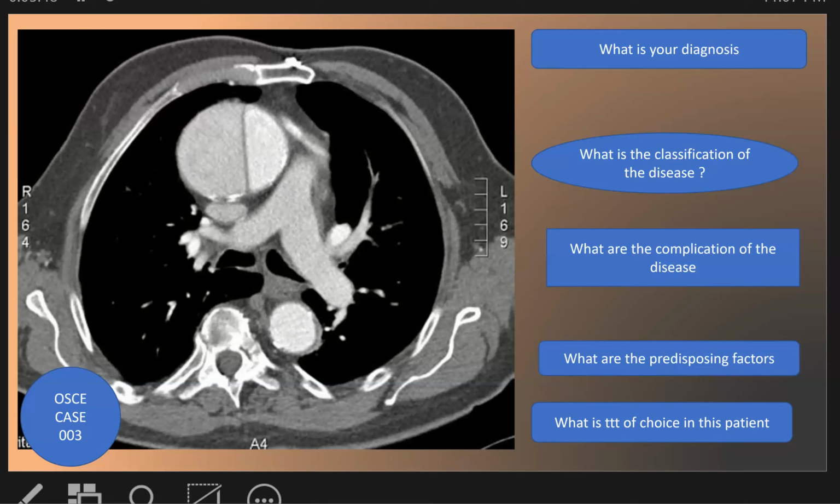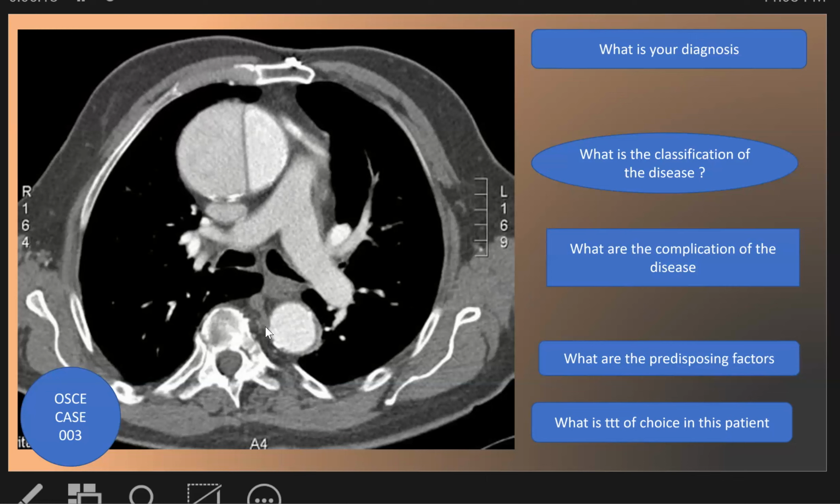So in this patient, we have aortic dissection involving the ascending aorta, type A, and we have an intimal flap, we have two lumens, the false lumen, as we see here, with less density of contrast, and the true lumen with high density of contrast, and dilatation of the ascending aorta.